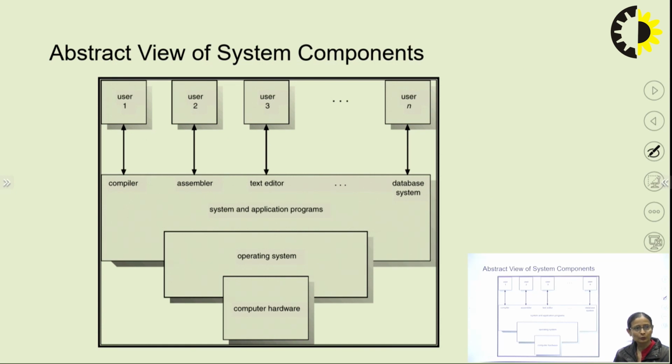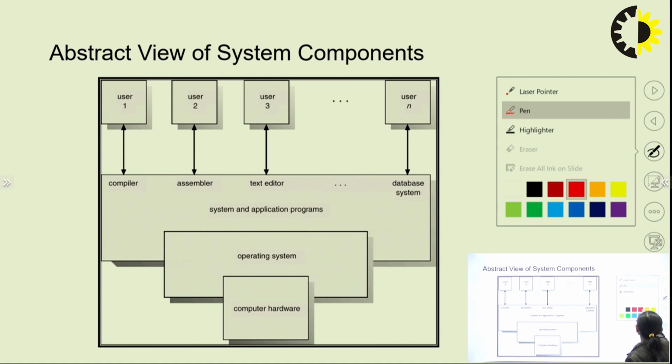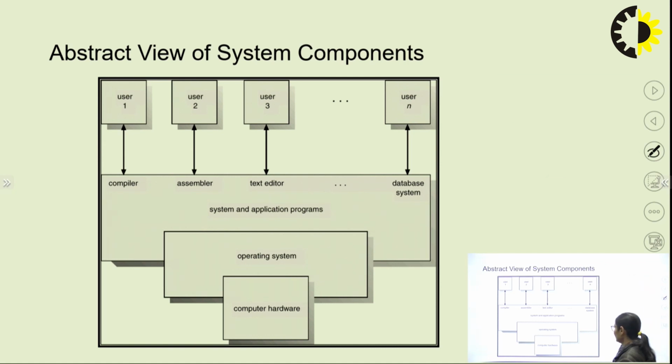So this is the view of an operating system. At the lowest level, we have computer hardware. On top of it, we have the operating system.